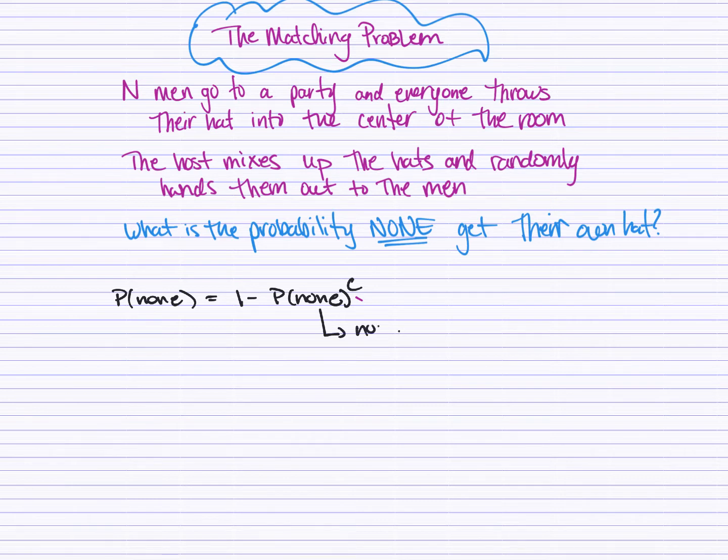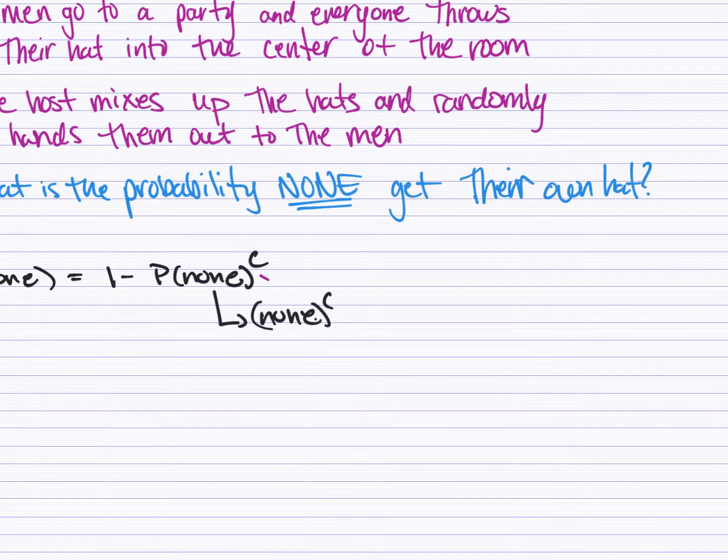Right, so what is none complement? Well, it's not all, right? So it is at least one man gets his own hat. Okay?